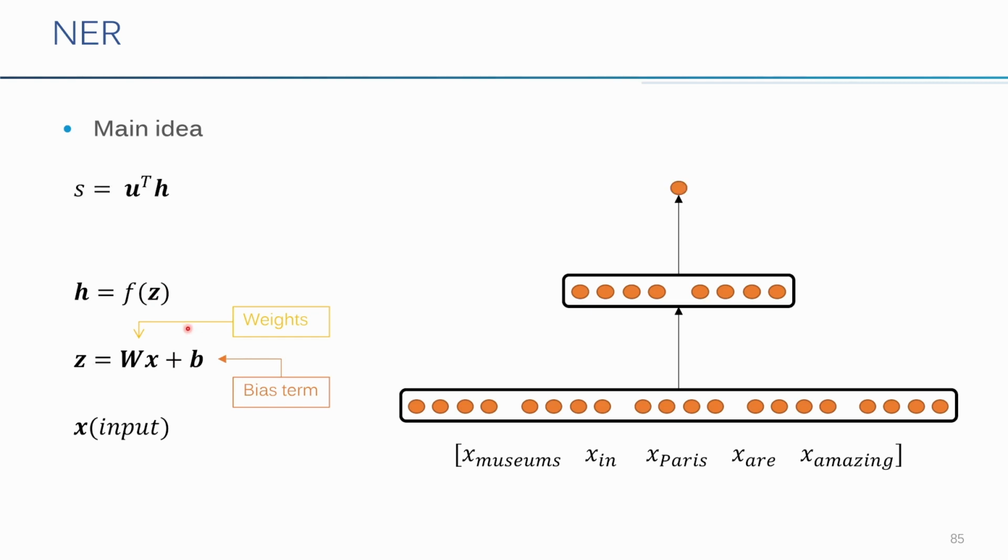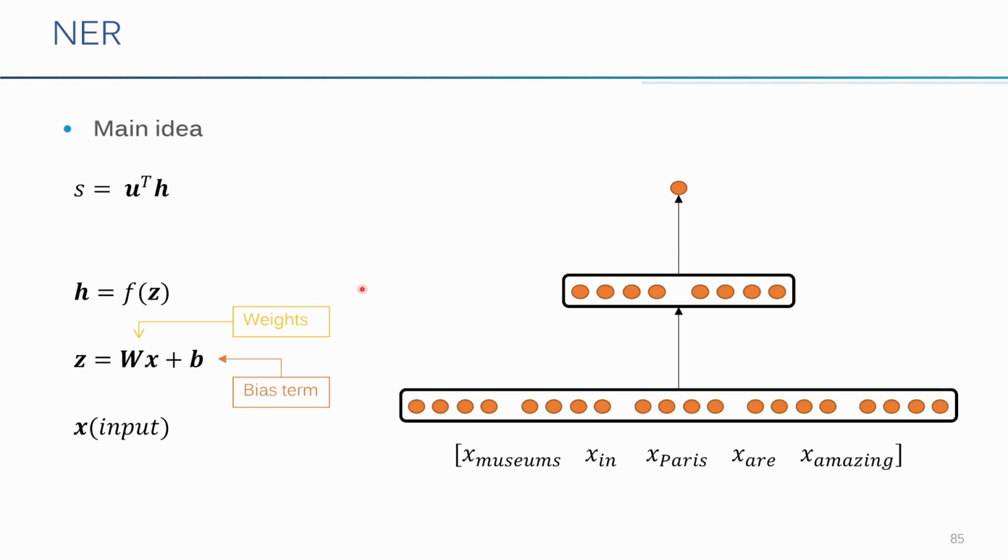And then we multiply that by another weight matrix, and this gives us a value S, which we can put into a logistic regression that will help us find the probability, considering all this context, of the center word belonging to a particular tag.